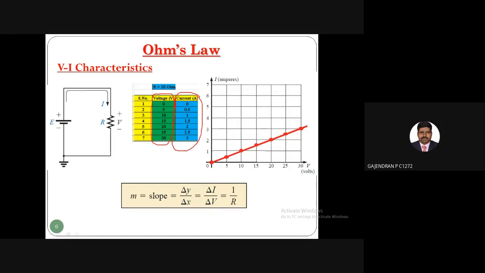In today's classroom, we will post what resistance values you need to choose for your experiment. For example, usually we will give 470 ohm and 1 kilo ohm. We will give two different resistance values like this. Tomorrow, when you come back to class, please bring the manual calculation for these two values: R equal to 470 ohm and R equal to 1 kilo ohm. Make a table for both and we will meet next class.